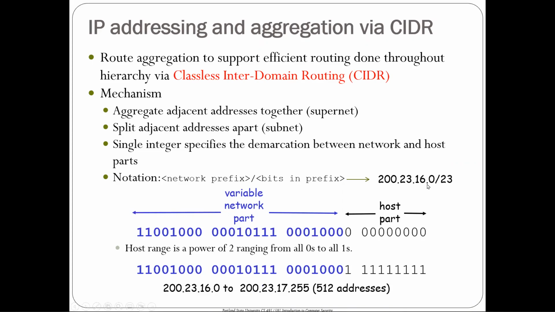And this is basically describing IP addresses from 200.23.16.0, where it's all zeros, to this IP address, which is 200.23.17.255. So if I advertise this prefix, then everybody knows that if there's an IP address in this range, you would send it to me.